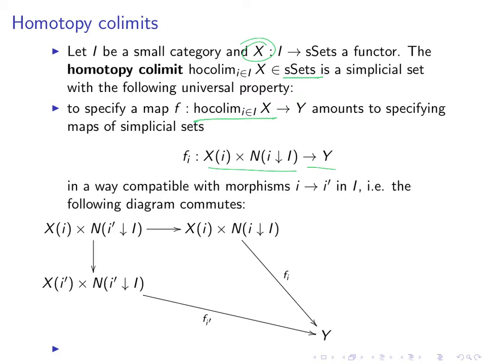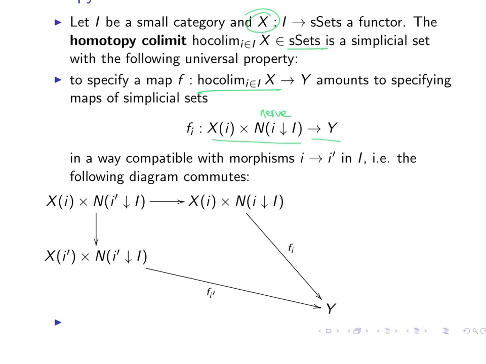like so, where this here is the nerve of the category of objects underneath this lowercase i, in a way that's compatible. So here I have f_i for one index i, here I have f_i' for another index i', and the compatibility condition is that the following diagram commutes.